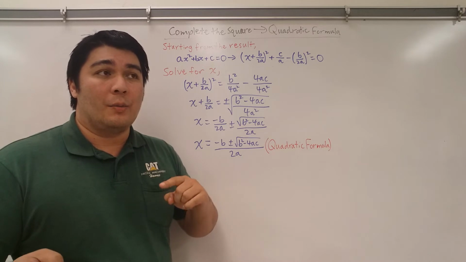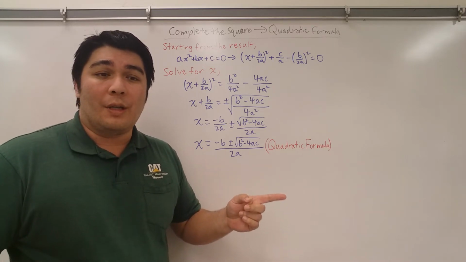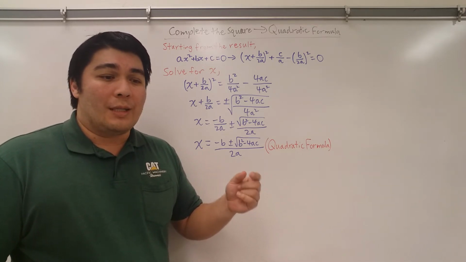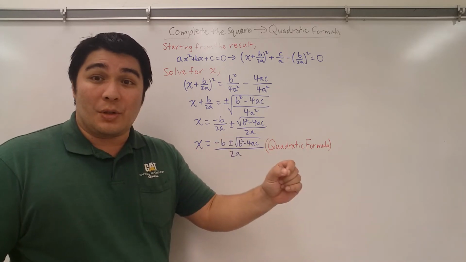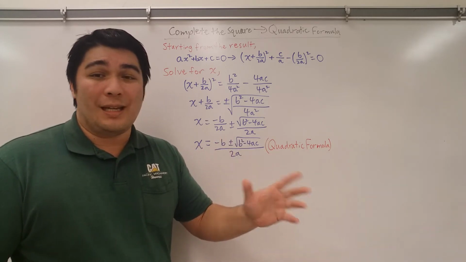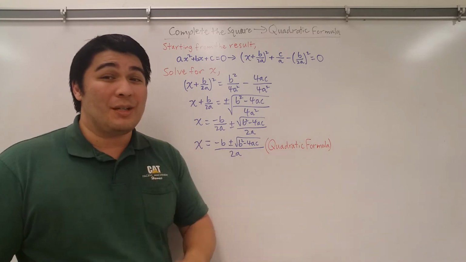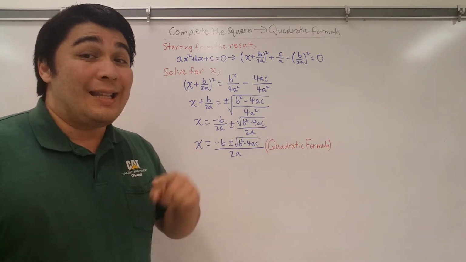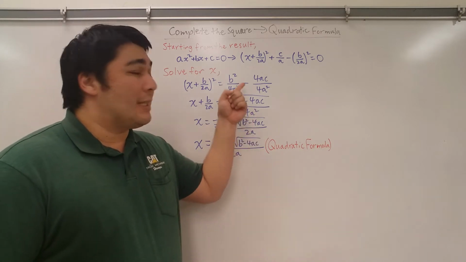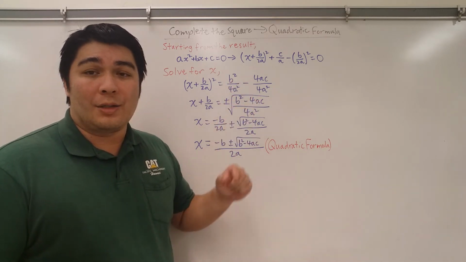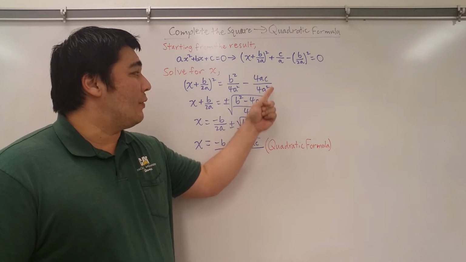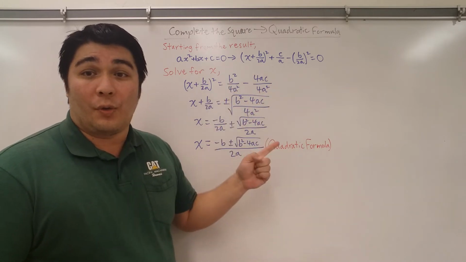What you learned in the completing the square video was that if you add 0 to an equation, you can do that to one side only, and nothing changes, everything is fine, but you can sometimes get a useful result. In this case, the other trick is that you're multiplying by 1. So I multiplied c over a by 4a over 4a.